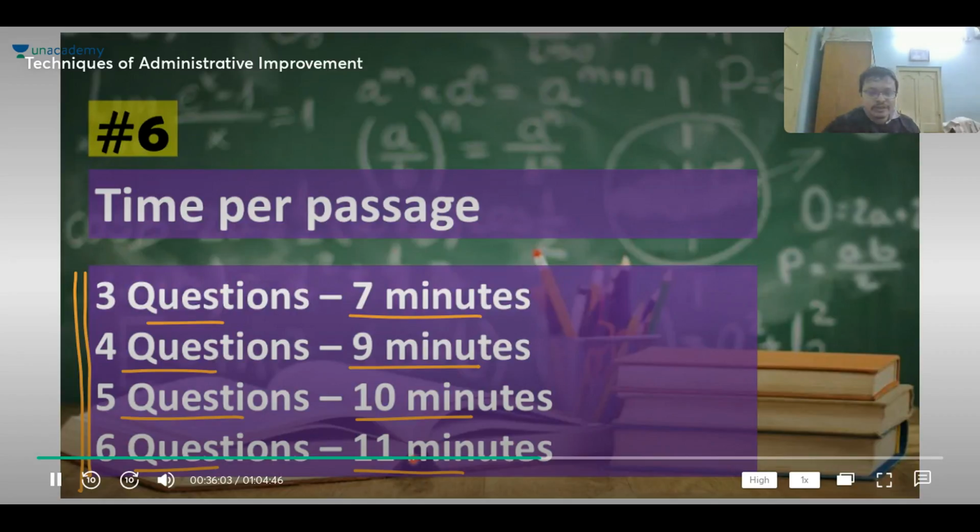If you notice, the time per passage increases as the number of questions increases, but as you have more questions, the time per question reduces in the passage.